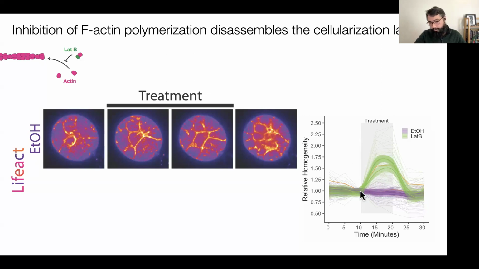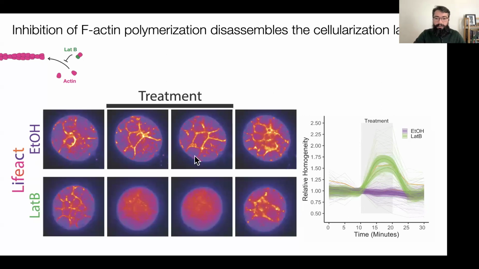texture. So you have the purple, which has a slight increase in homogeneity because it's increasing in the cellularization complexity. But when we treat it with latrunculin B, immediately after we treat it, all the actin pretty much disappears, or the actin structures disappear. This is reflected by a high homogeneity.